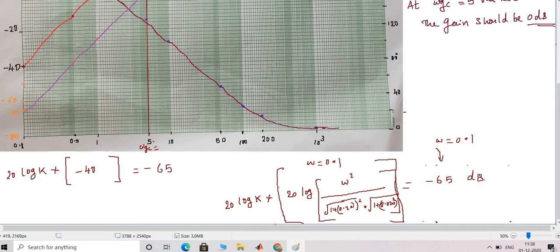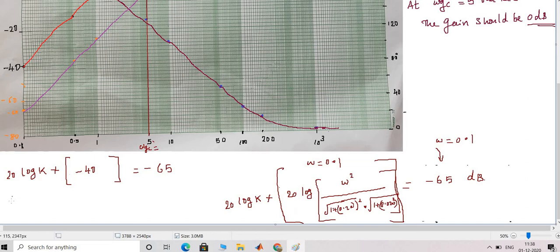So the equation is actually K into, when two products are coming, log of A into B will be log A plus log B. Hence it will be 20 log K plus the magnitude of this term, that is minus 40.